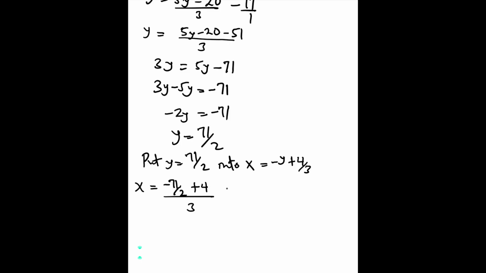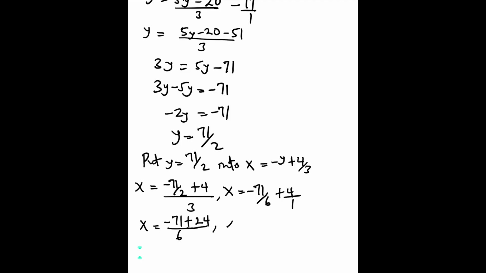So this 3 can multiply this 2 here to give 6, just to make it much easier. So that will be x is equal to minus 71 over 6 plus 4 over 1. I like to write it this way to simplify it, so that I could see it from where I'm writing. So 6 is going to be the LCM, right? So that will be minus 71 plus 6 divided by 1 is 6, 6 times 4 is 24.